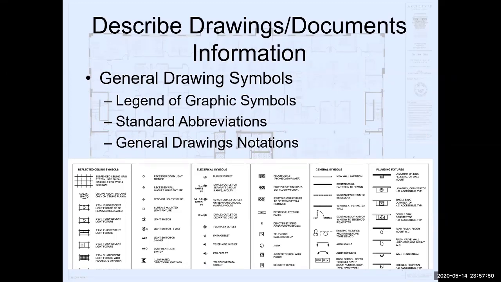Now, as I mentioned, in some projects, we have a more complete listing of symbols. And sometimes on large projects, we will include this as a C sheet, like a C3 sheet, if there's a lot of information that's graphically being represented. Again, in the set that you've been working on, we've kept it kind of simple just because we don't want to overwhelm you, but don't be surprised when you go out in the big world and find that there's a lot of different symbols out there.